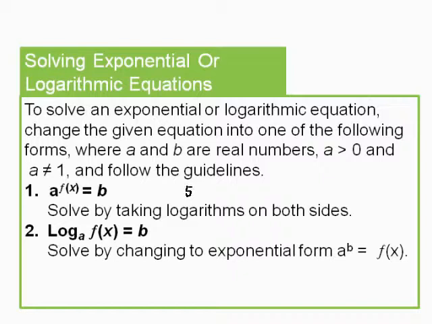We'll take 5 to the x power equals 7. Solve by taking logarithms of both sides, because you can't get those bases the same. So here's an overview. You could take the log or the natural log of both sides and go from there. We've looked at those, all right?